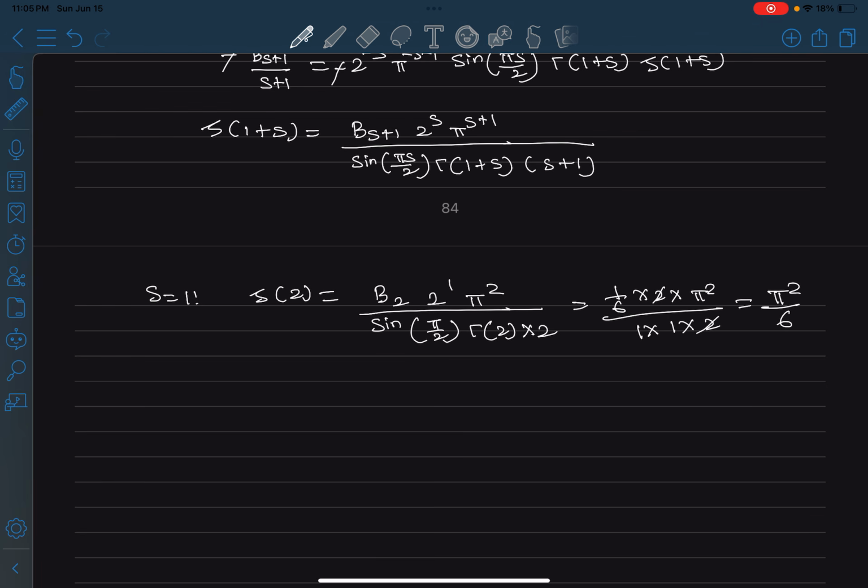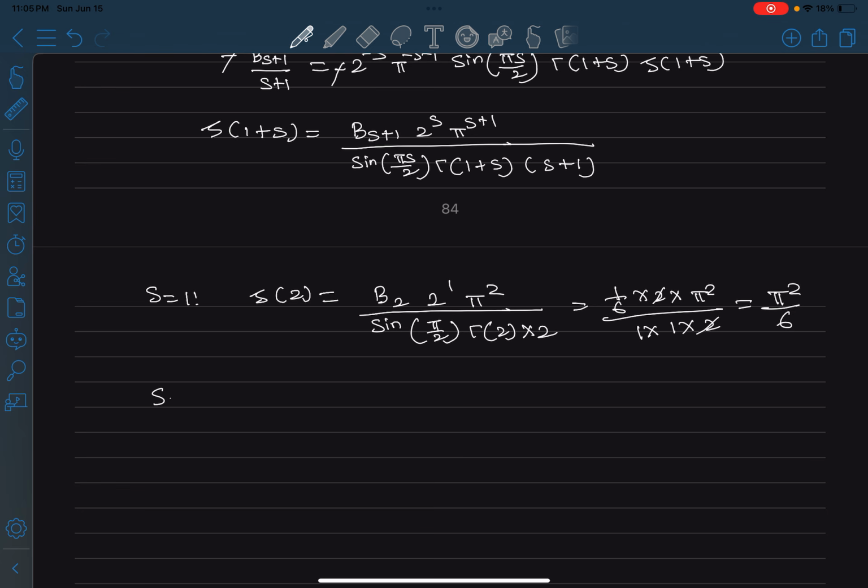That's cool. Now if you want to find s equals 3, you get zeta of 4 as Bernoulli with subscript 4, 2 to the power 3, pi to the power 4, divided by sine of 3 pi over 2, gamma of 4, and then 3 plus 1, 4.